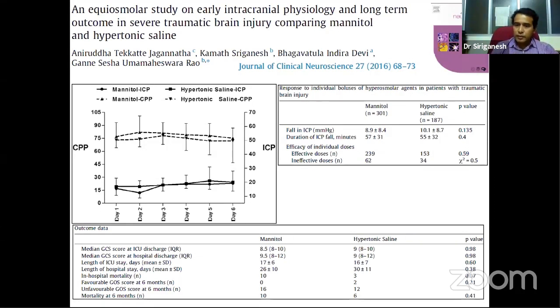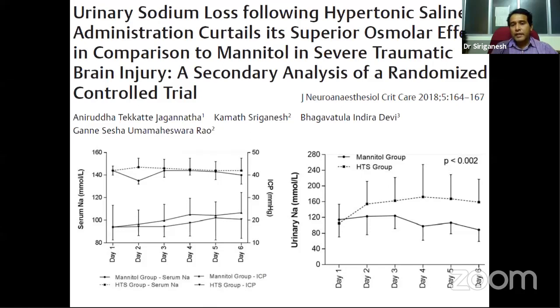There are some small studies which favor hypertonic saline, but given the long-term outcomes which we look at in patients with traumatic brain injury, it makes no difference. However, like I mentioned earlier, in hypotensive patients, please avoid mannitol, and in patients who are hypernatremic, please avoid hypertonic saline. One of the reasons why hypertonic saline failed to bring about the desired effect is because of the urinary loss of sodium, thereby preventing significant elevation in the serum sodium levels. And we all know that serum sodium level should be higher to bring about an osmotic effect in patients with traumatic brain injury.